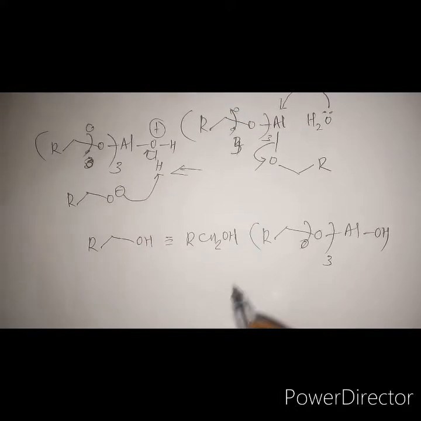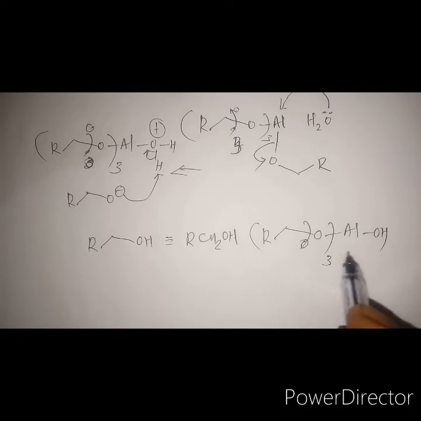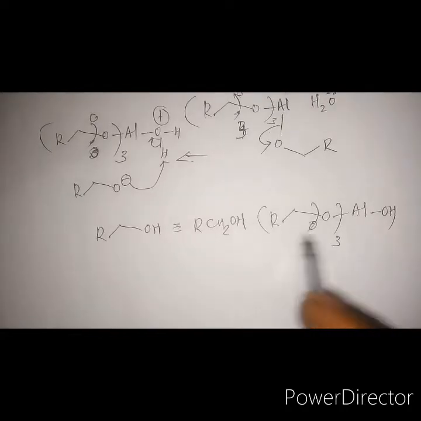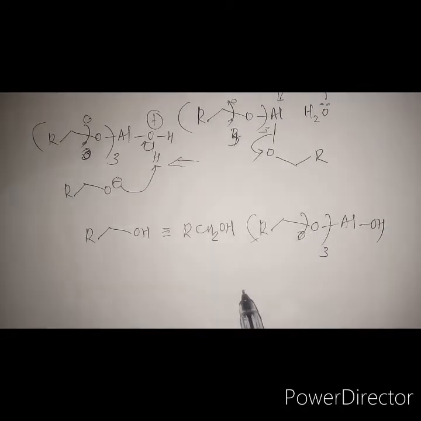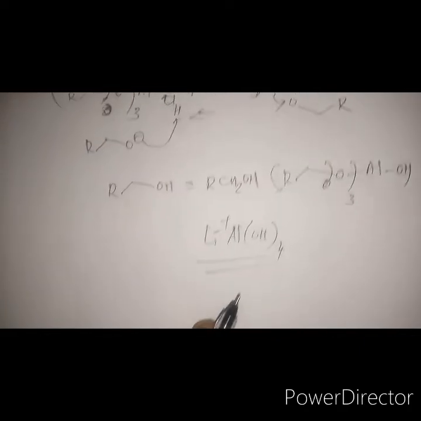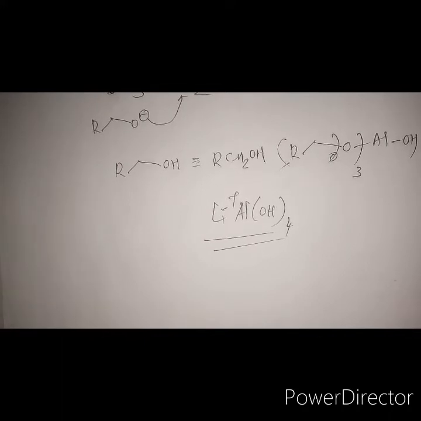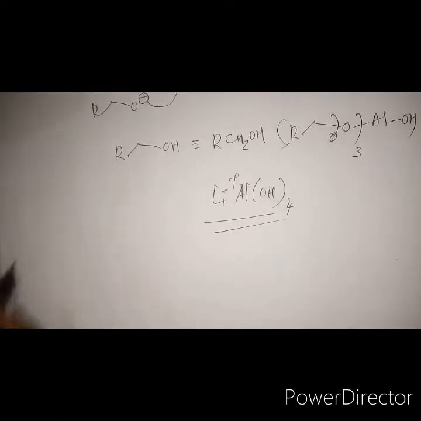We have the remaining 3. Finally all 3 water molecules will remove this alkoxy intermediate, so we will get AlOH4 with 4 times lithium. So this is the mechanism of the reduction reactions of aldehyde.